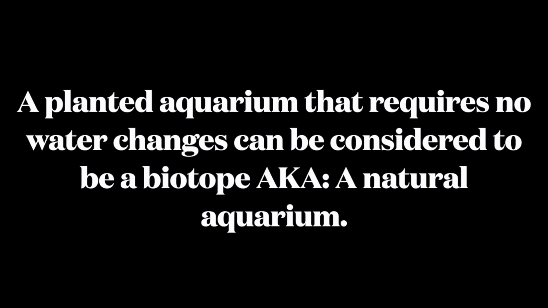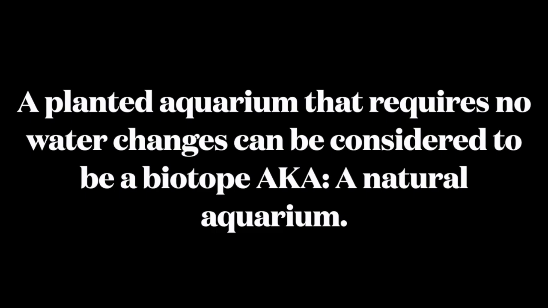So I'm going to read you exactly a definition which is known of how a biotope or natural aquarium is based. A biotope is a location at which a specific community of plants and animals has formed that are especially suitable for the location and are in equilibrium with one another.